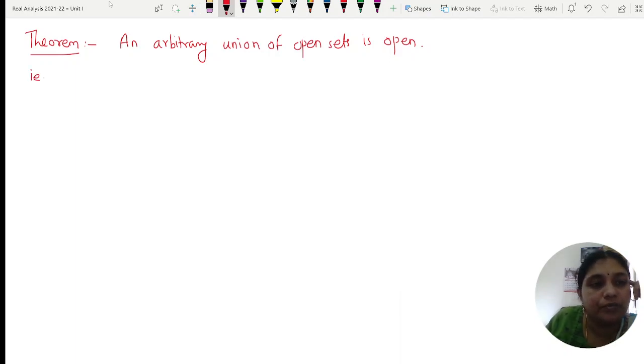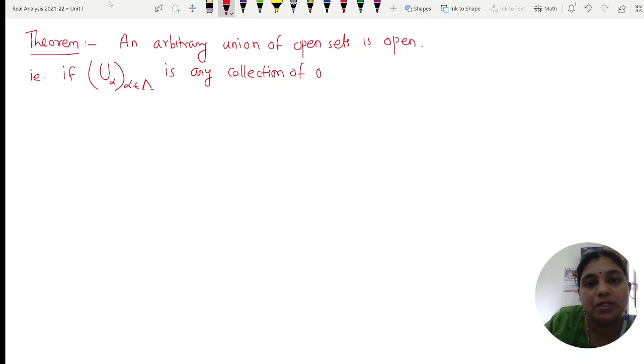That is, if U alpha, alpha belongs to lambda, a directed set, is any collection of open sets, then what I want to show is that their union over alpha of U alpha is also open. We want to prove this.